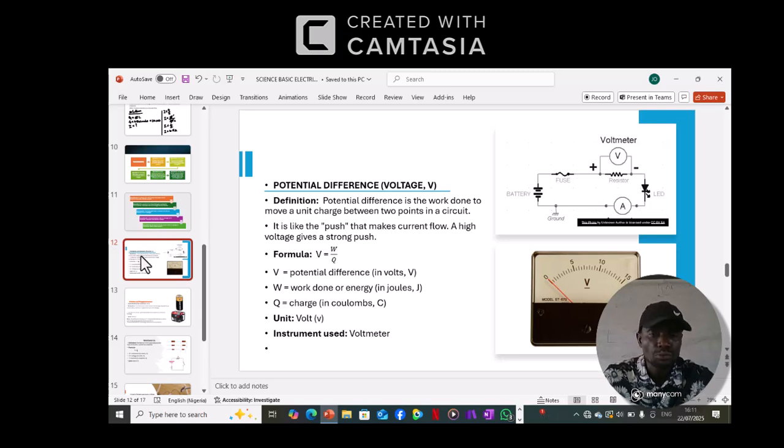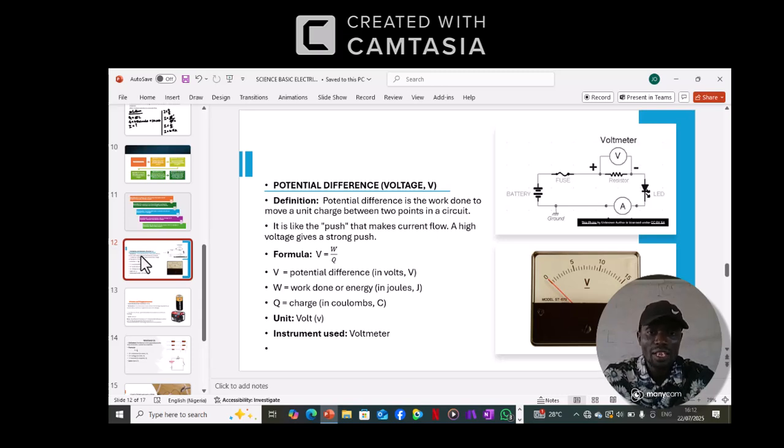Something must push it. That pressure that will cause a charge to move from one point to another is what we are going to study next class, and that is called potential difference, or voltage. It's a pressure. It's something that will push.